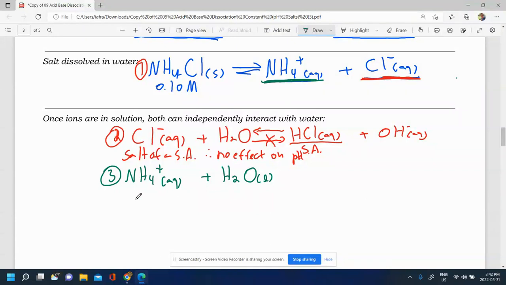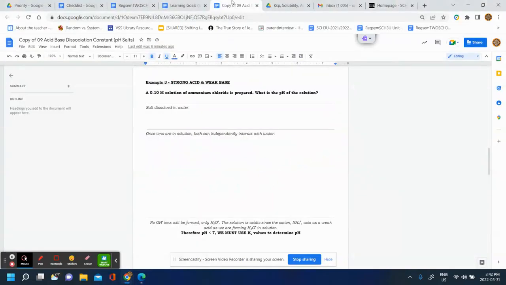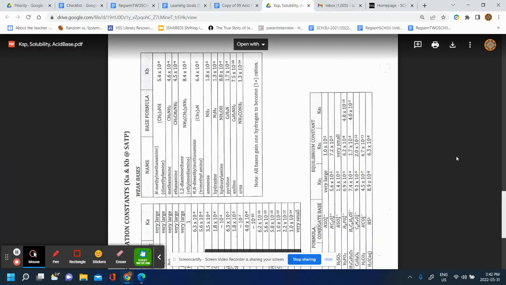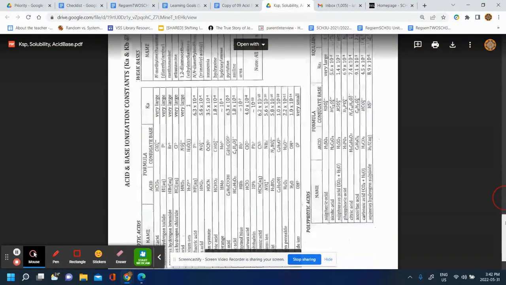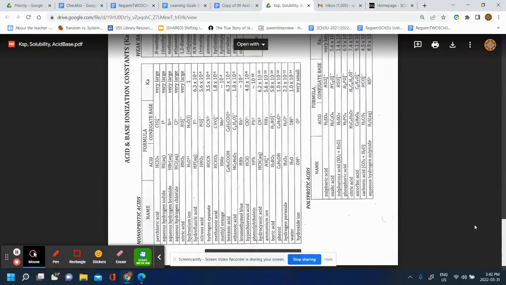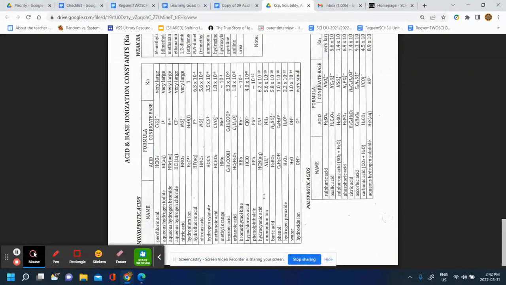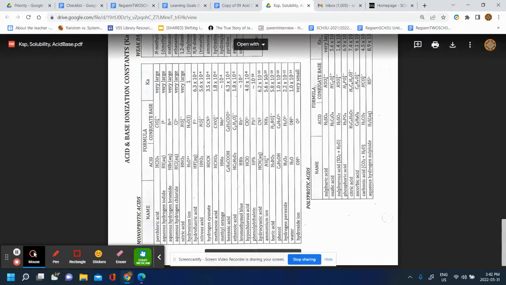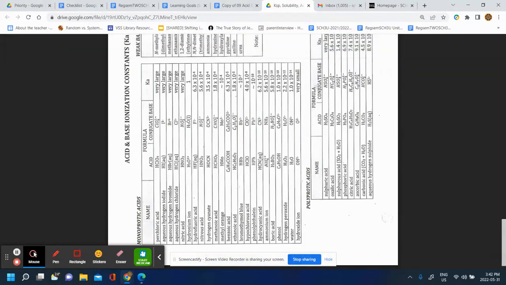The easiest thing to do is take a look at your NH4 plus, see if it's in that table of weak acids or weak bases. NH4 plus is the ammonium ion. And I noticed it has a Ka of 5.6 times 10 to the negative 10. So that's not a very large Ka. That means NH4 plus is a weak acid. Okay. So I know that by looking at that table.